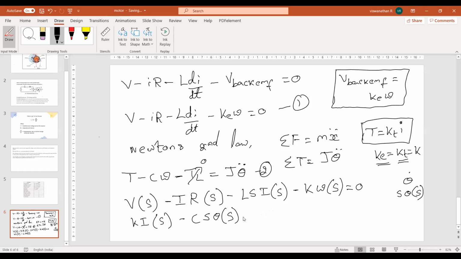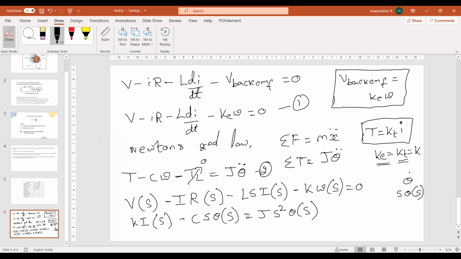So c into s into theta of s is equal to, how do you write this? J theta double dot, which is J s square theta of s. This is how you write this one.